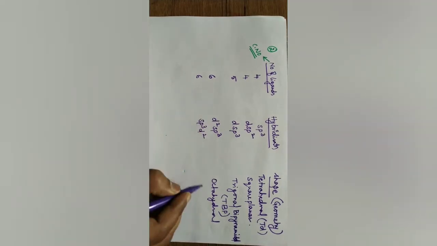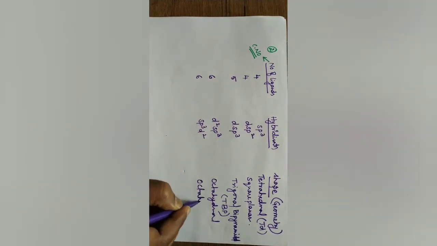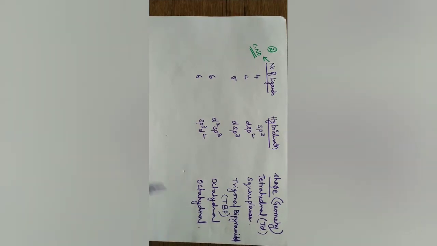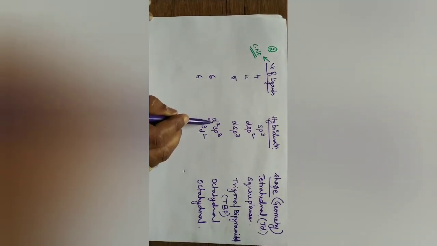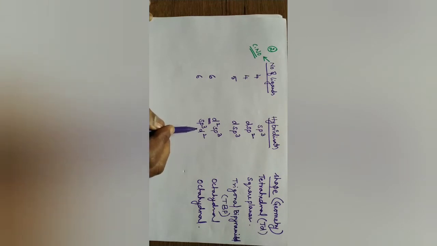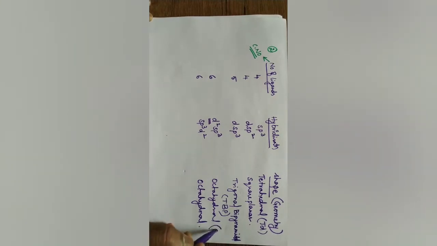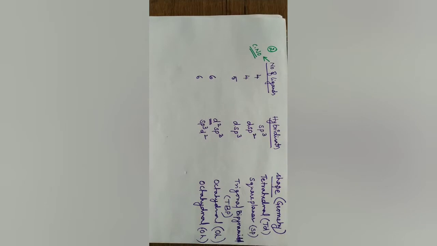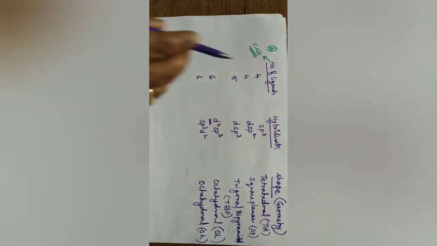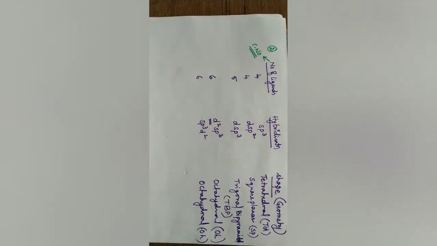Both are different, but both are called octahedral. Octahedral is generally represented as Oh, and square planar generally as sp. So once the metal forms bonds with the ligands, based on the number of ligands, it forms different shapes.